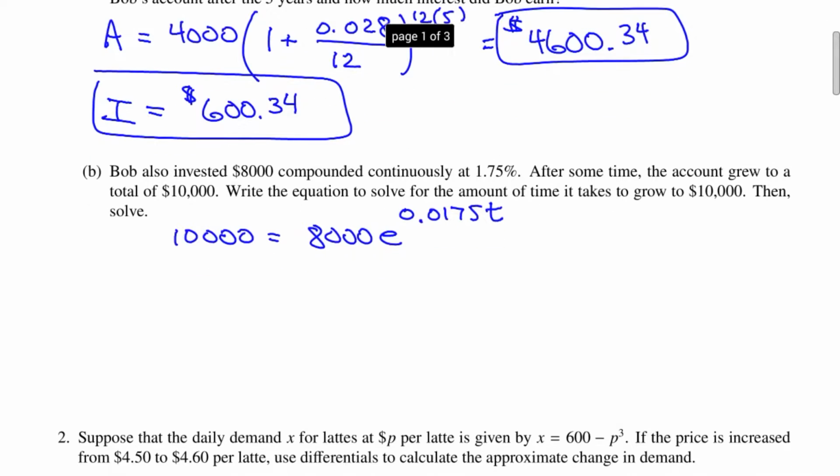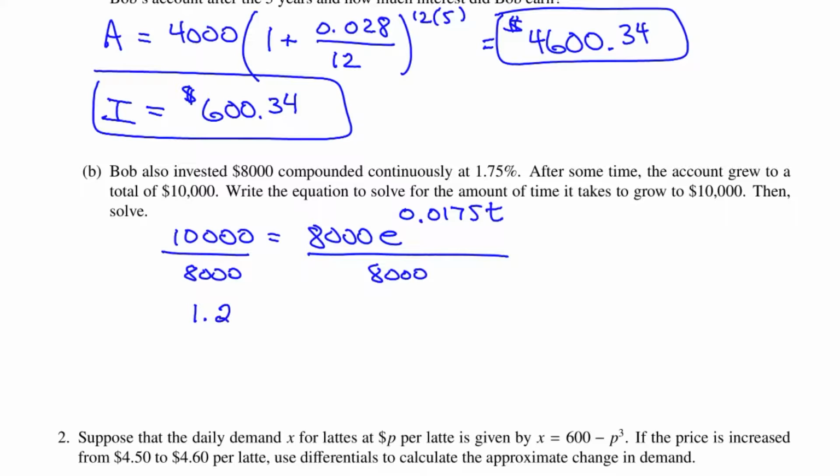Now to solve it, we divide both sides by 8,000, and that's going to be 1.25 = e^(0.0175t). Since the variable is in the exponent, we take the natural log of both sides.